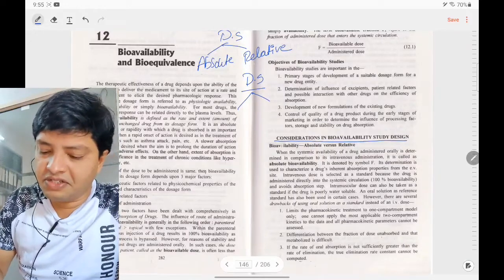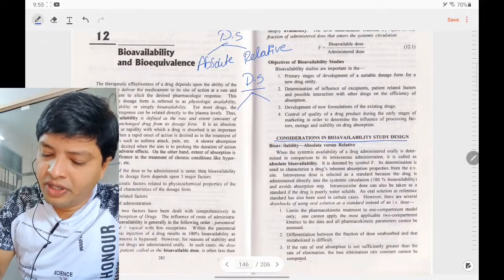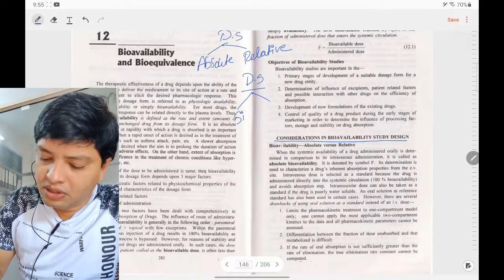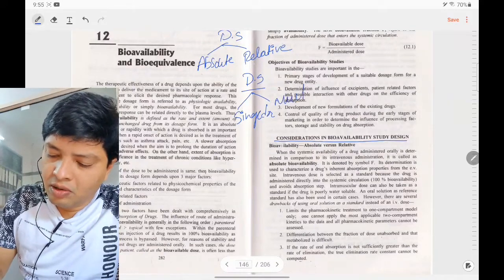The second consideration is the design of study, DS means design of study: whether you need to conduct a single dose study or a multiple dose study.